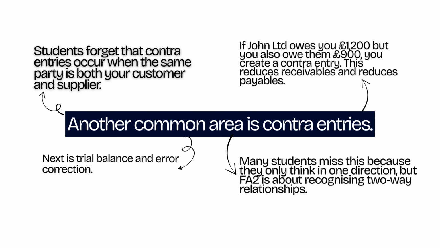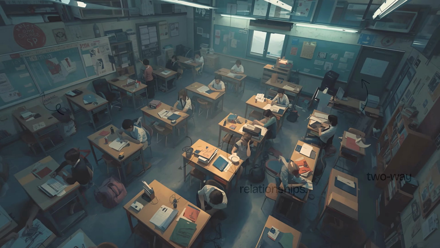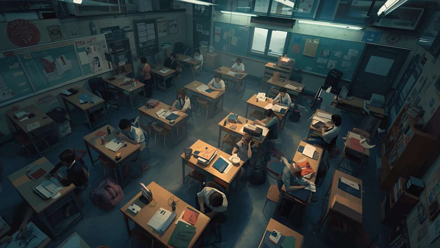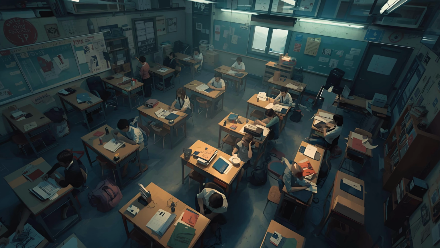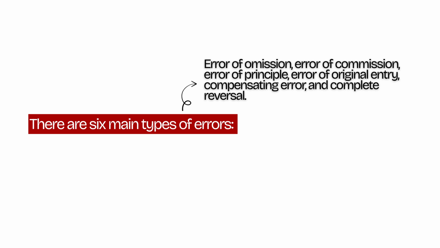Next is trial balance and error correction. The suspense account is not a random dumping place, it's a temporary balance holder when debits and credits don't match. Students make one major mistake: they start fixing suspense account immediately. Never fix a suspense account until you classify the error. There are 6 main types of errors: error of omission, error of commission, error of principal, error of original entry, compensating error, and complete reversal.